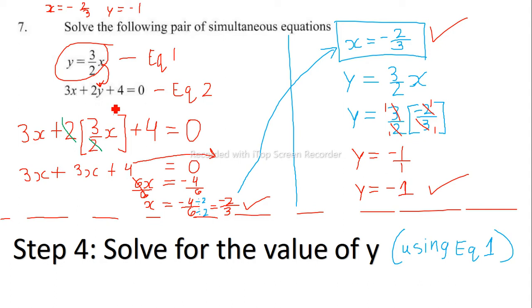Then I rearrange it: 2y, and in a bracket, negative 2 plus 4 equals 0. Then I get 2y plus 2 equals 0. Then I minus 2 from both sides, and on one side I'm left with 2y equals negative 2. Put it over 2 and I got negative 1. I got the shortcut way. That's still long though.